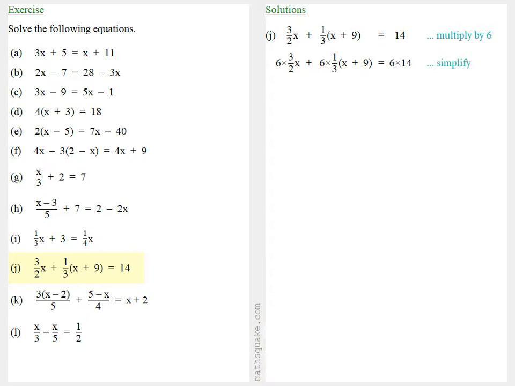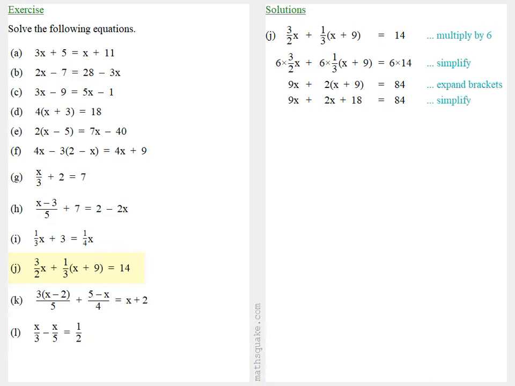And we can simplify that. 6 times 3 over 2 is 9, so we have 9x plus, and 6 times a third is 2 into x plus 9, and 6 times 14 is 84, so that is 9x plus 2 into x plus 9 equals 84, and if we expand the brackets, that gives 9x plus 2x plus 18 equals 84.